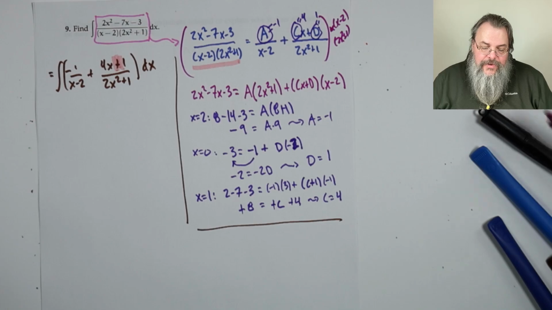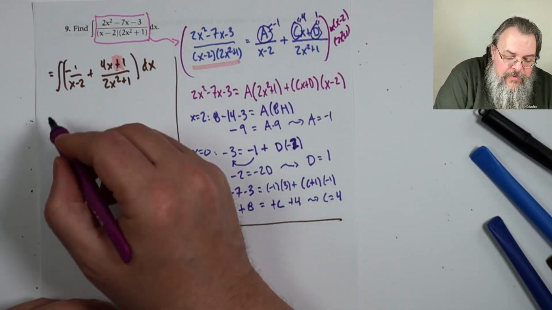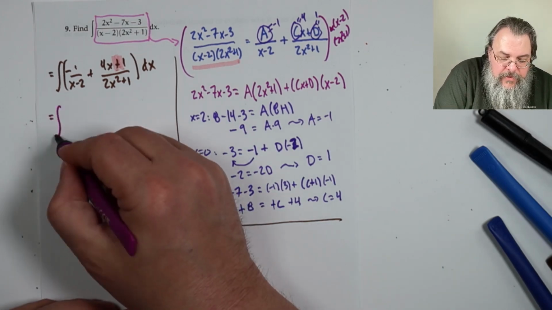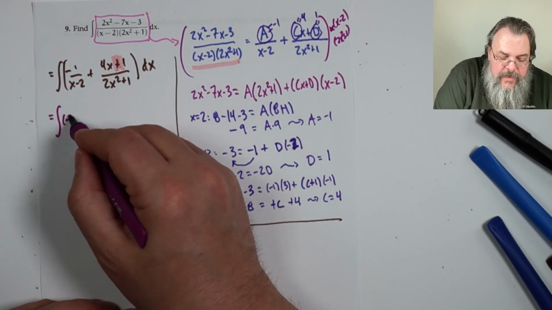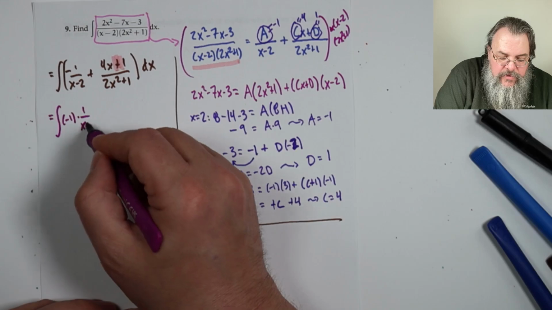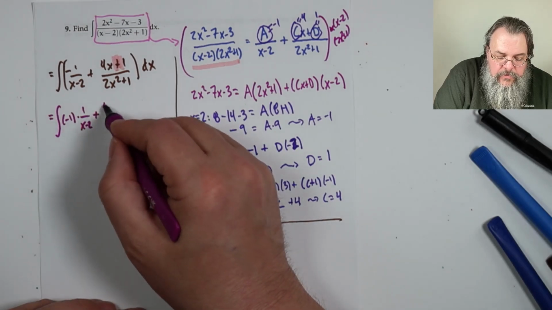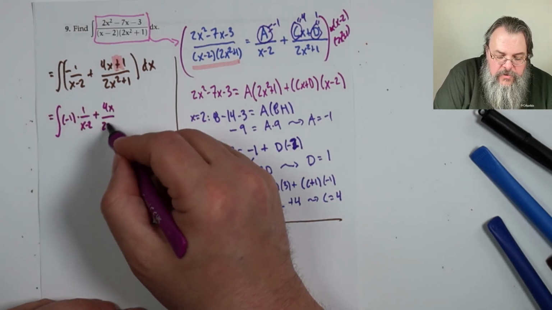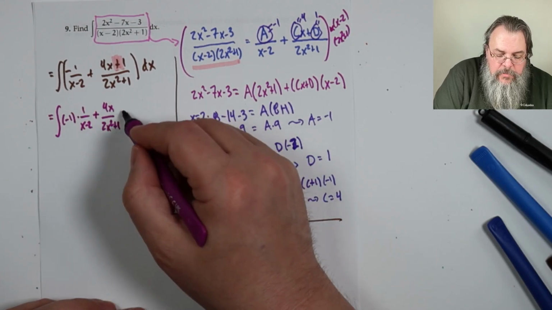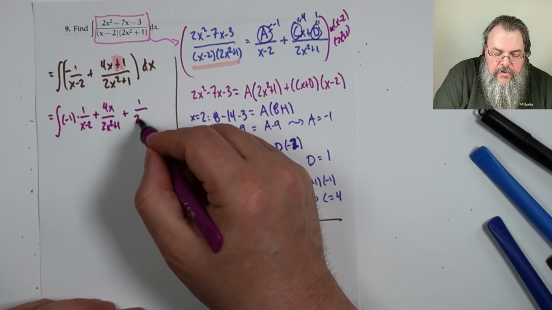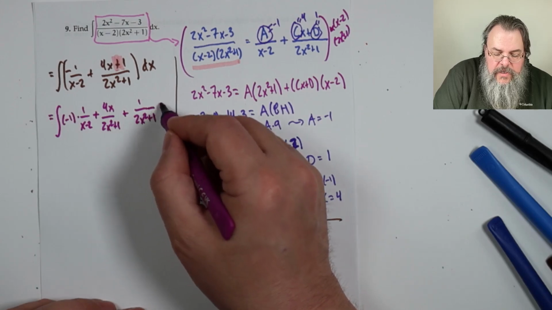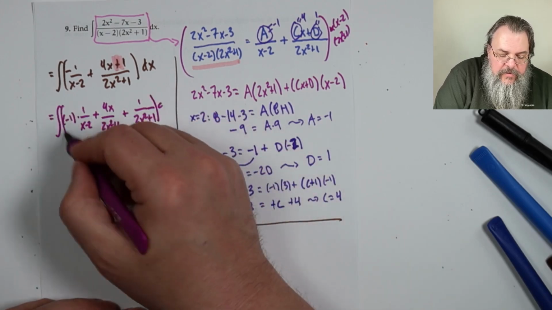All right, so let's do that. So what do we have? I'm going to write this as negative 1 times 1 over x minus 2 plus 4x over 2x squared plus 1 plus 1 over 2x squared plus 1 and dx.